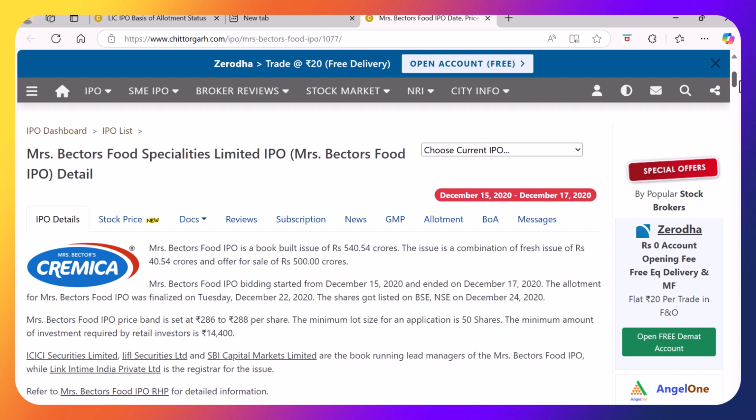That money will go in the pockets of the existing promoters, maybe Mrs. Bector's family and all. So here Mrs. Bector is actually diluting her shareholdings, or the relatives who now own the company. So they are going to get 540 crores, of which 40 crores is a small portion of the IPO that will be used for the further growth prospects of the company, and 500 crores will go in the pocket of the promoters. Okay. So what was the price band here, Ananya?